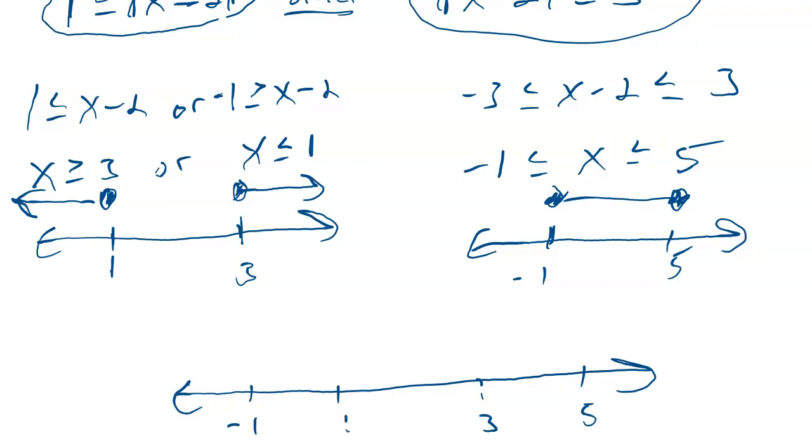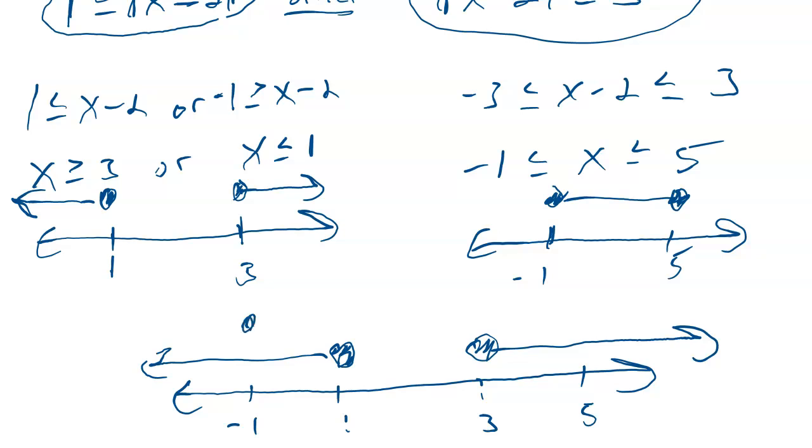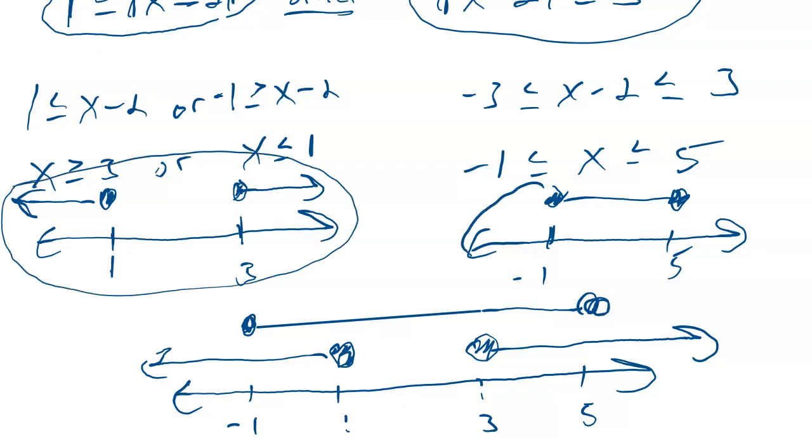If I superimpose these graphs, the first one is going to be everything less than 1 and everything greater than 3. And the second one is between negative 1 and 5.